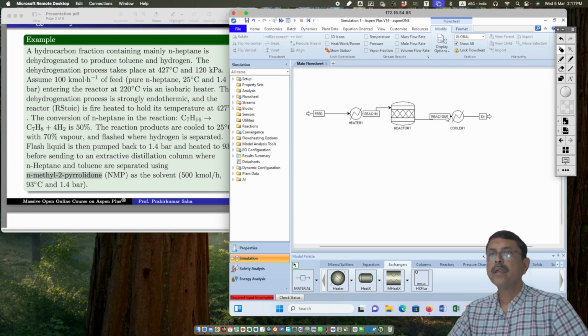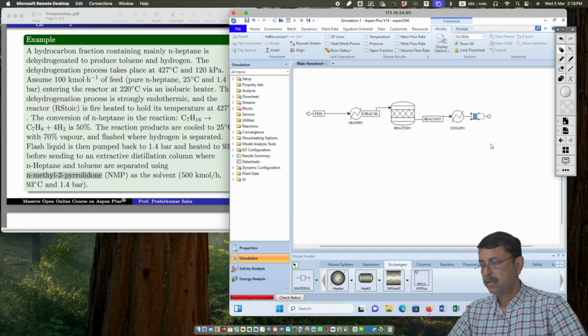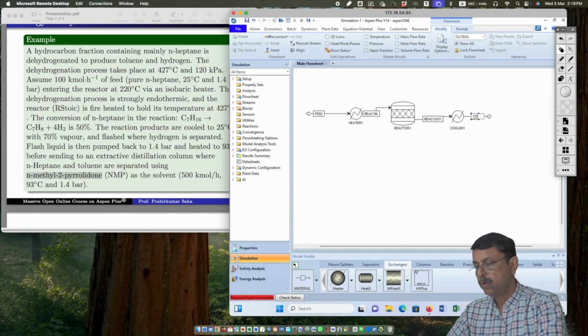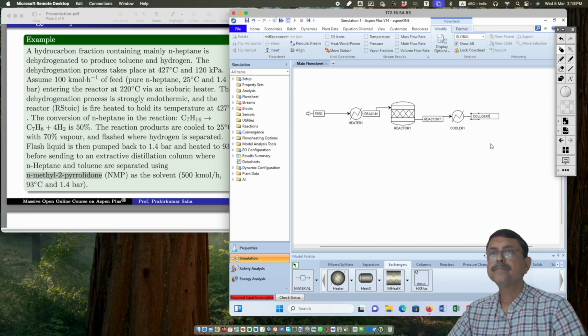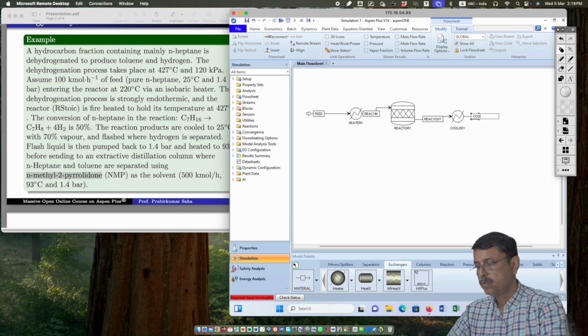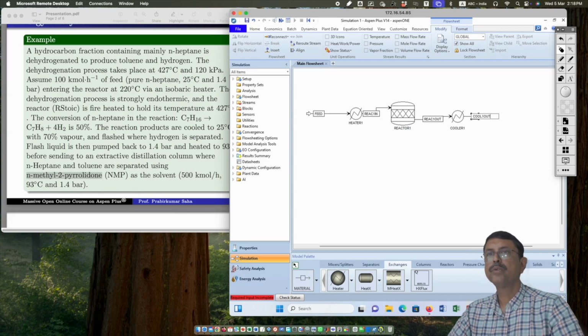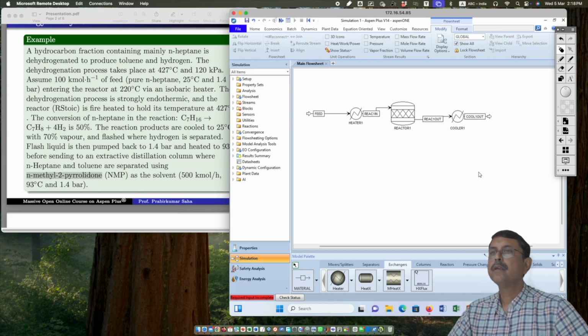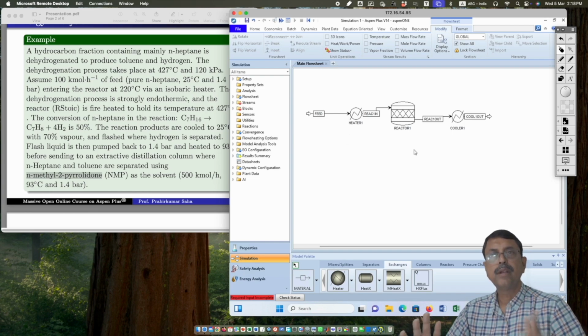Okay, and this is cooler 1 out. Okay, so let us first simulate this part before going to the flash and other things.